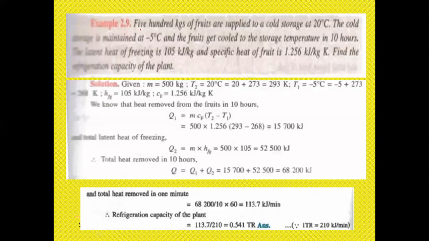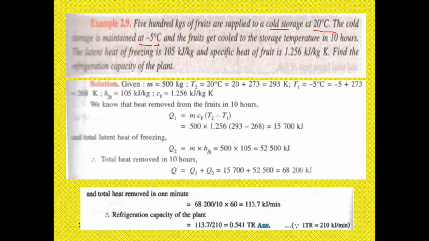Next, 500 kgs of fruits are supplied to the cold storage at 20 degrees centigrade. The cold storage is maintained at -5 degrees centigrade and the fruits get cooled to the storage temperature in 10 hours.